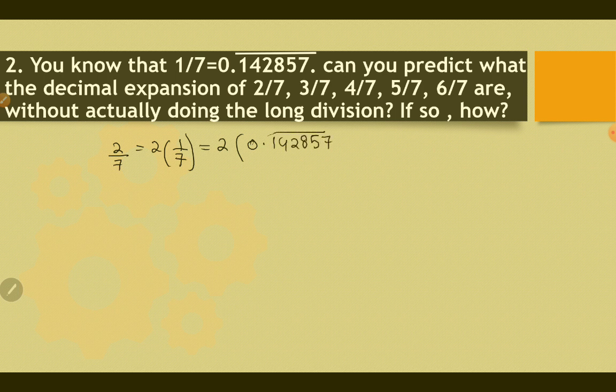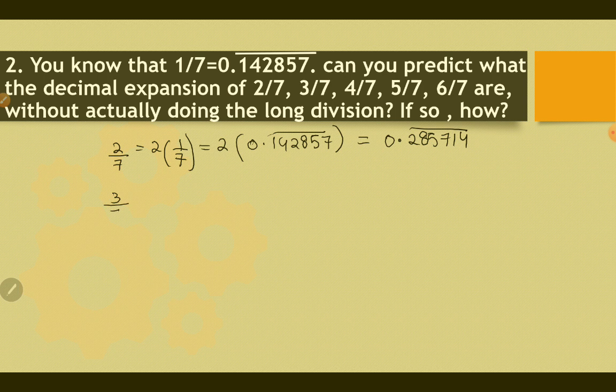So 2 into 1 by 7's value, which is 0.142857 the whole bar, is nothing but 0.285714 the whole bar.